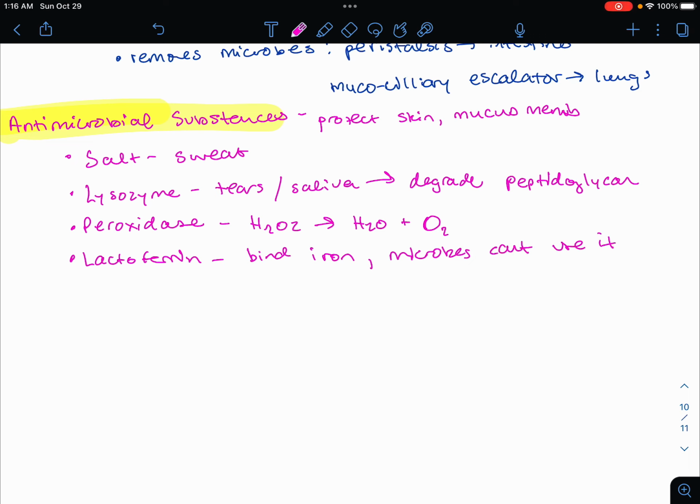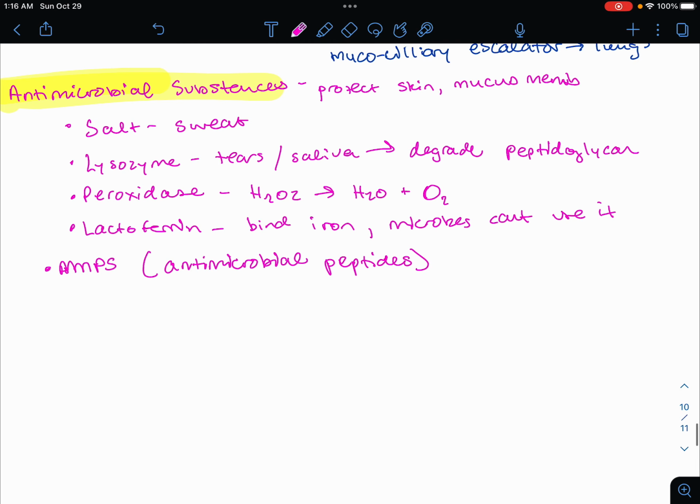We also have something called AMPs. You have to know all these different abbreviations when you're studying immunology. Well, AMPs are going to be your antimicrobial peptides.